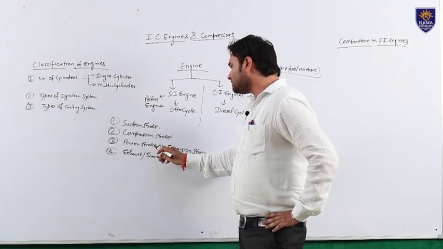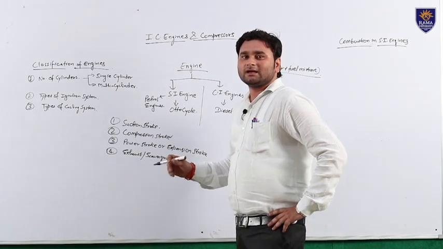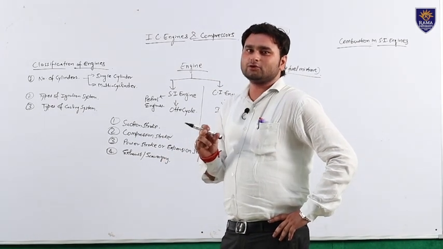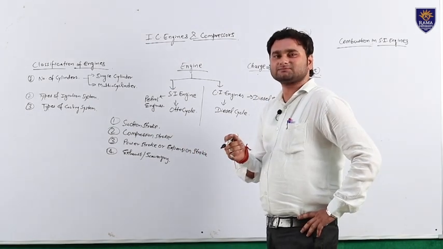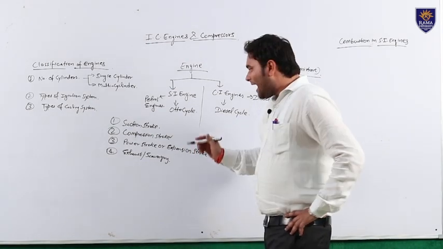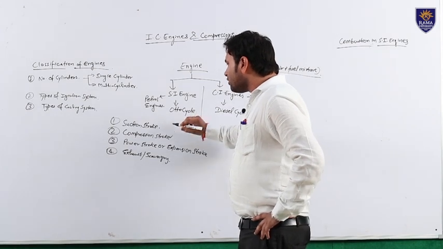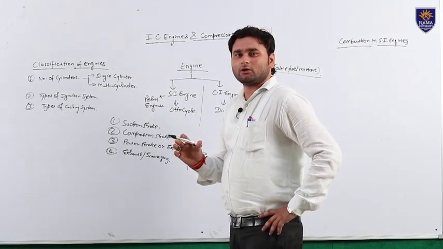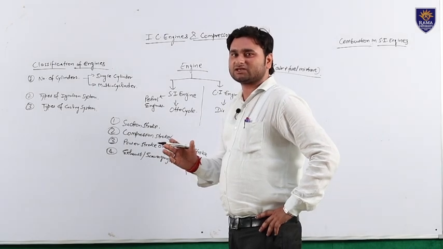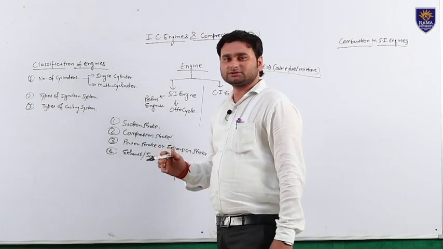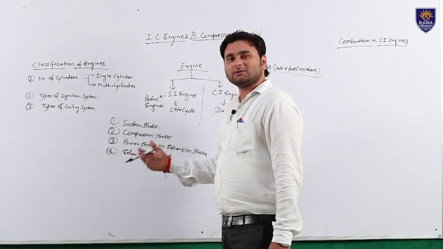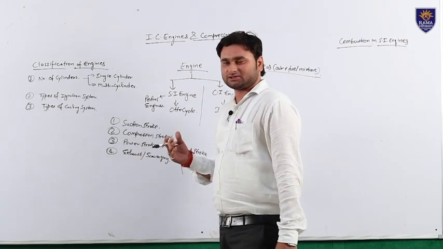In the third stroke, the power stroke or expansion stroke, in case of SI engines, we use a spark plug for the ignition process. The charge, means air plus fuel mixture combination, is ignited with the help of the spark plug with a sound that is produced, and the power is obtained from that charge.